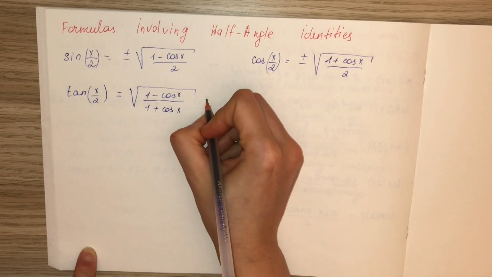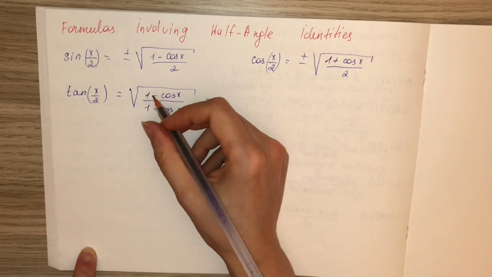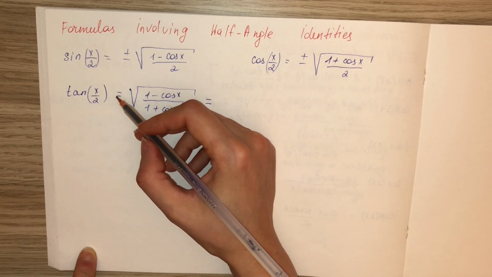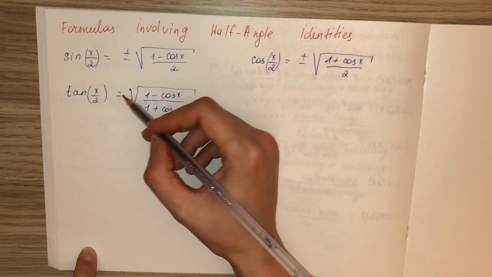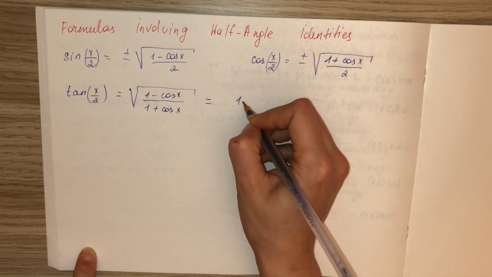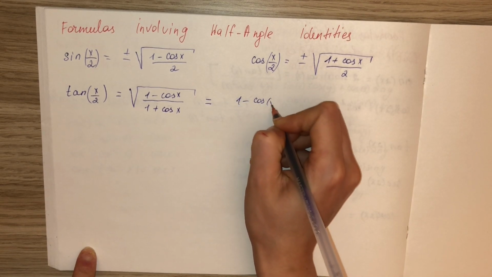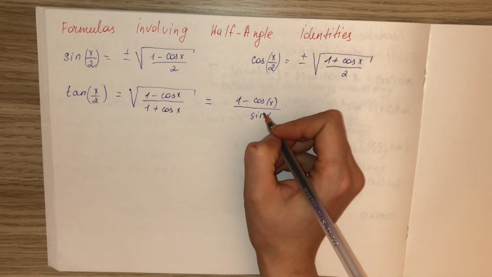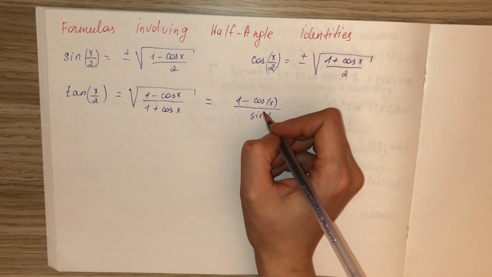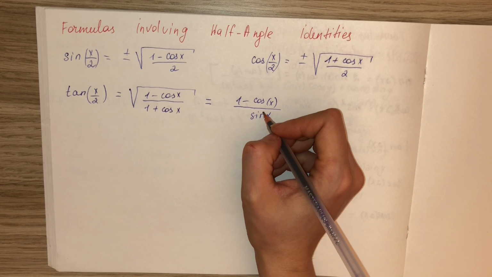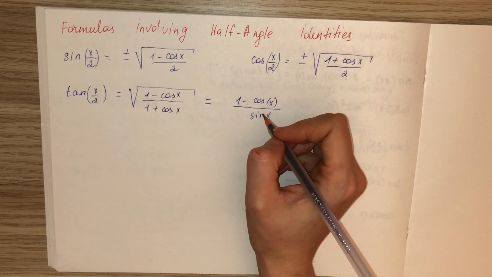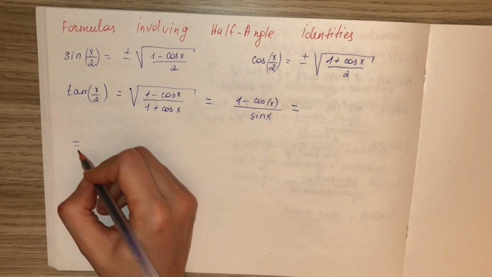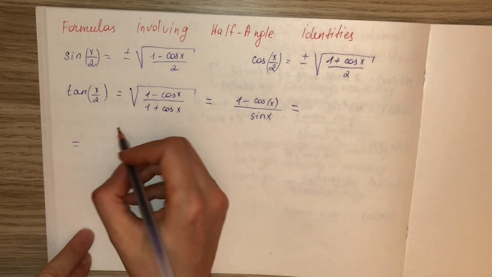Also, we can write for the tangent of x over 2 that it's 1 minus cosine x over sine x. And let's continue. This is equal to, let me continue this process.